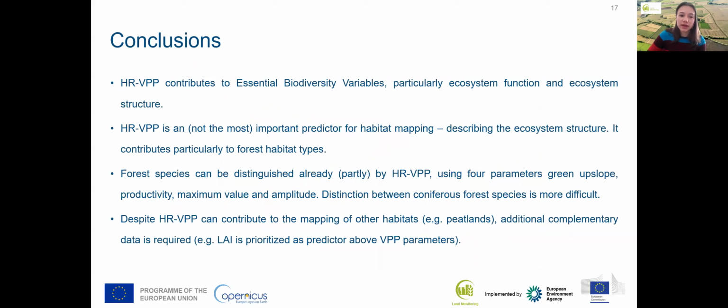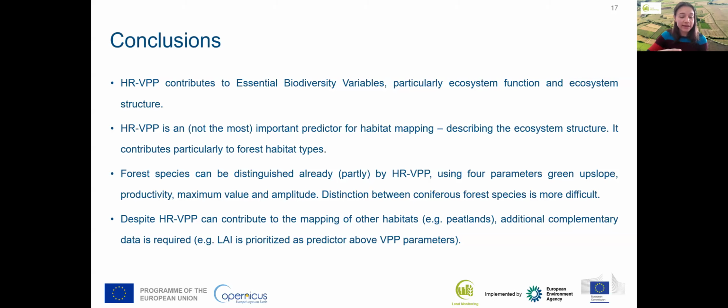So it is an important predictor for habitat mapping, but we see that it depends very much on which type of habitat you want to map. For forest types or forest habitat types, it is chosen to be quite an important predictor, but not so much for grassland or shrubs. Here we see that the leaf area index is more important.